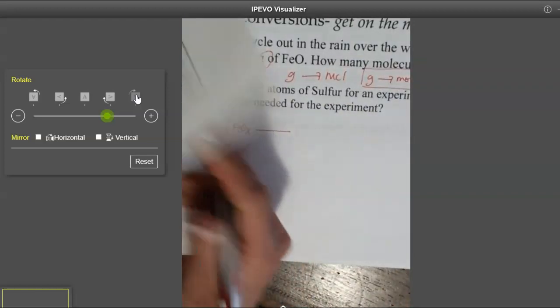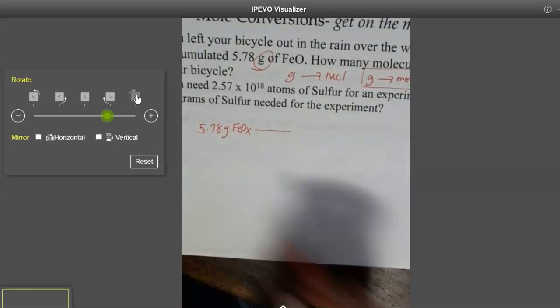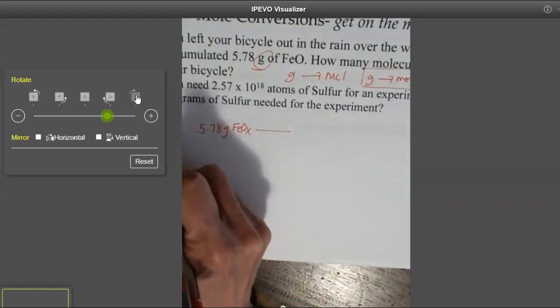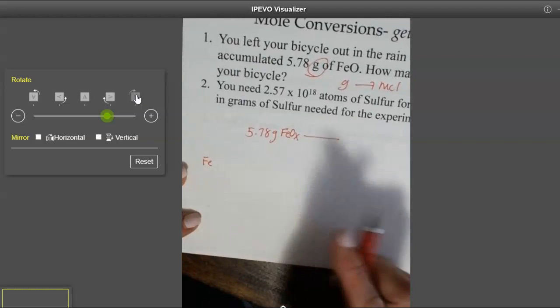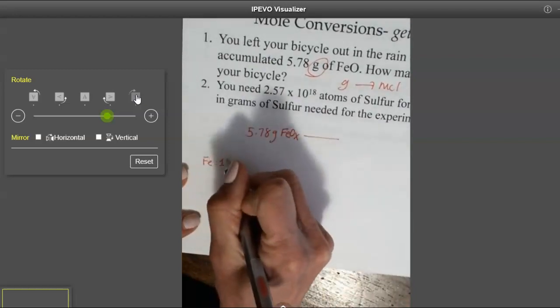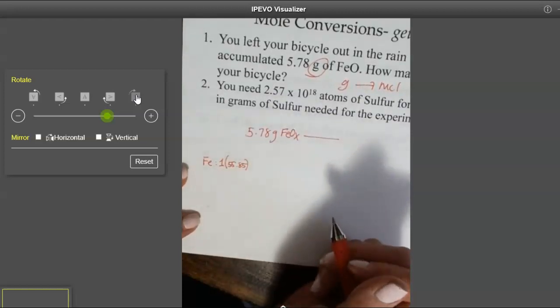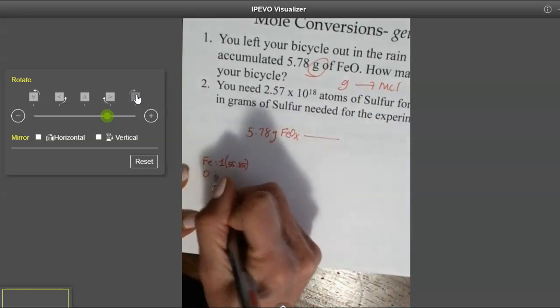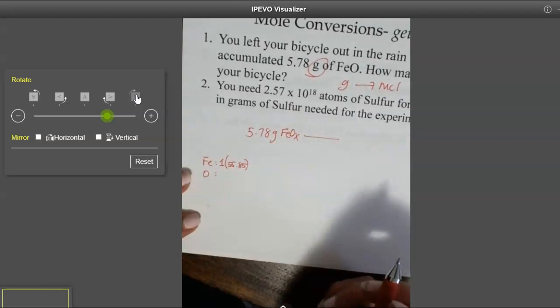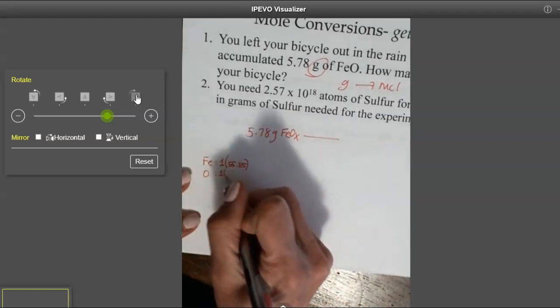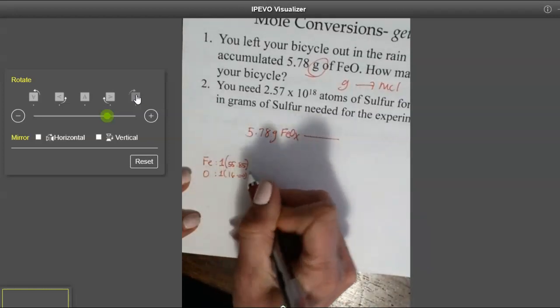So I'm going to come down here and calculate the molar mass of FeO. So Fe, we only have one atom of iron at 55.85. I'm getting that off the periodic table. We have one atom of oxygen at 16.00.